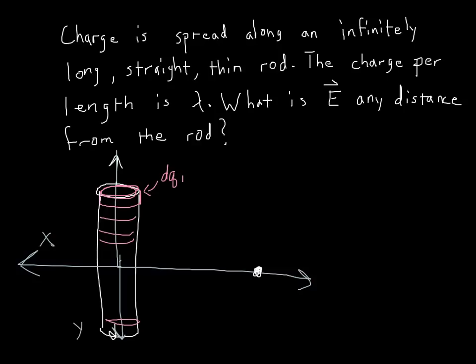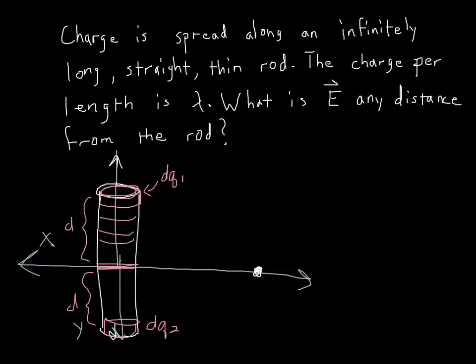We'll call this one dq2. And we'll say that this top one is some distance d away from the middle, and the bottom one is some distance d. So these two, dq1 and dq2, are equidistant from this origin point.